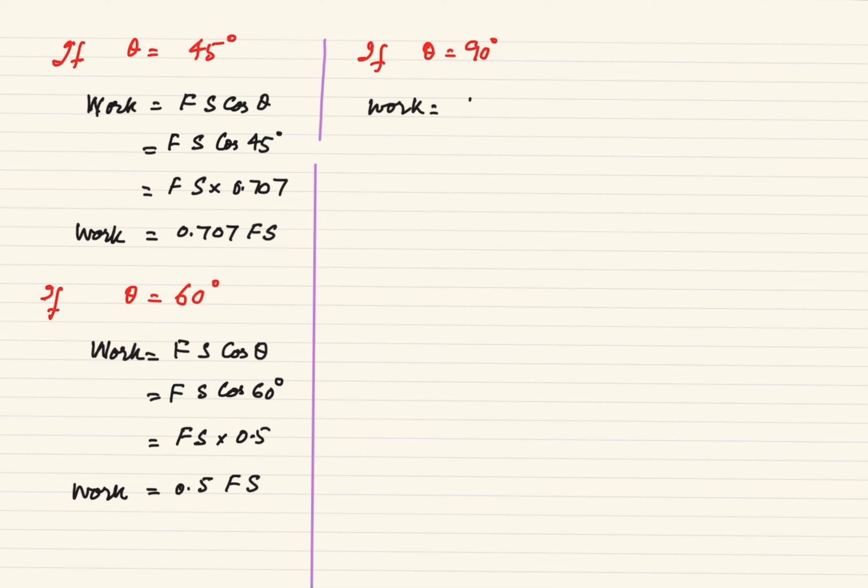Work is again F s cos theta, this time F s cos 90 degrees. So what you can say is that F s into cos 90 is equal to 0, so no work, 0 work, or we can say minimum work.